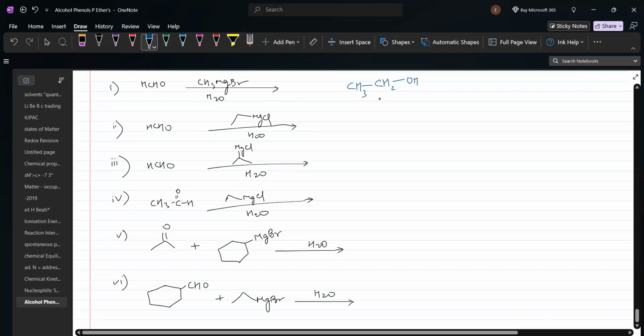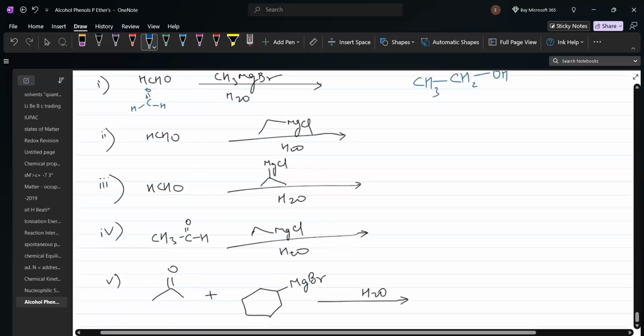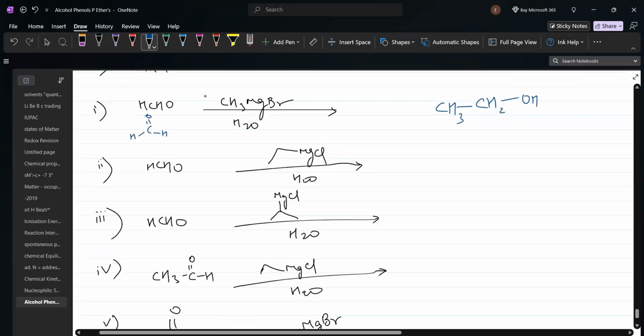Yes or no? So what happens? This CH3 came here and gets attached with this carbon, and this will become OH. Understood?